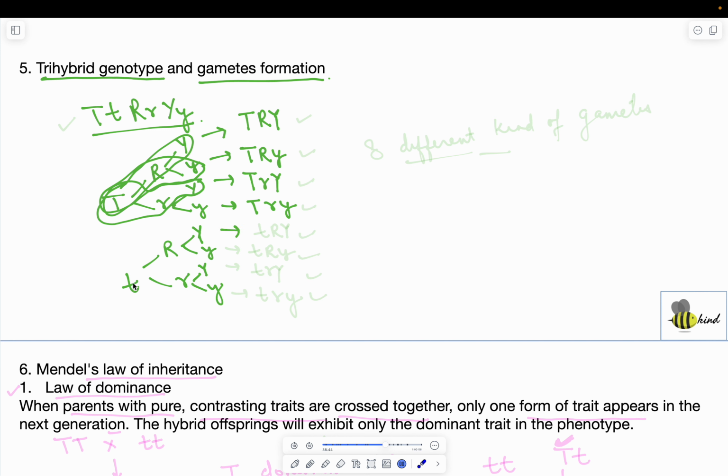And small t will produce small t, capital R, capital Y; small t, capital R, small y; small t, small r, capital Y; small t, small r, small y. So these are different kinds of gametes. Basically, there are eight different kinds of gametes produced in a dihybrid individual.